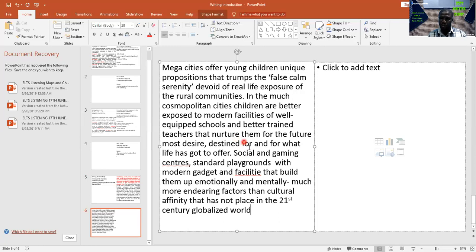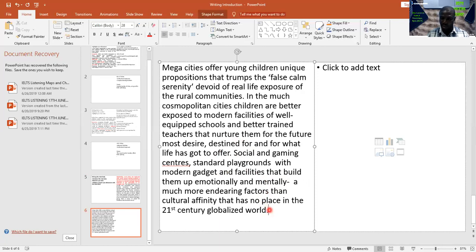Okay, let me read it again. Social and gaming centers, standard playgrounds with modern gadgets and facilities that build them up emotionally and mentally, much more enduring factors than the cultural affinity that has no place in the 21st century globalized world.